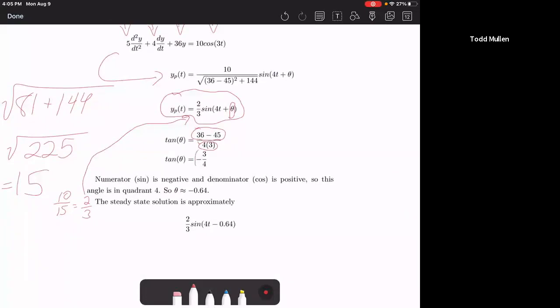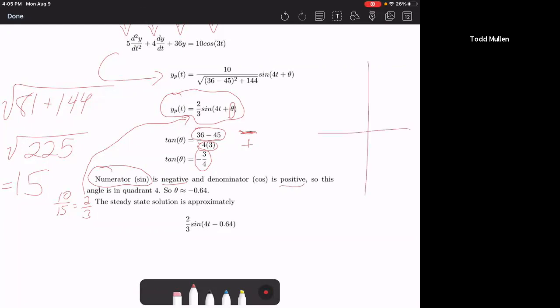So we get -3 over 4 as our tan theta, but importantly, the negative is in the numerator and the positive is in the denominator. So remember that tan is just sine theta over cos theta. So the numerator, the sine, is negative, and the denominator, the cos, is positive. So that means we're in the 4th quadrant.